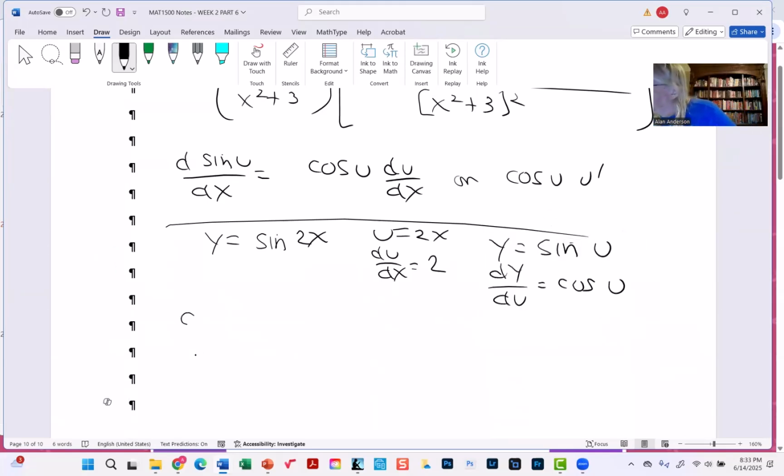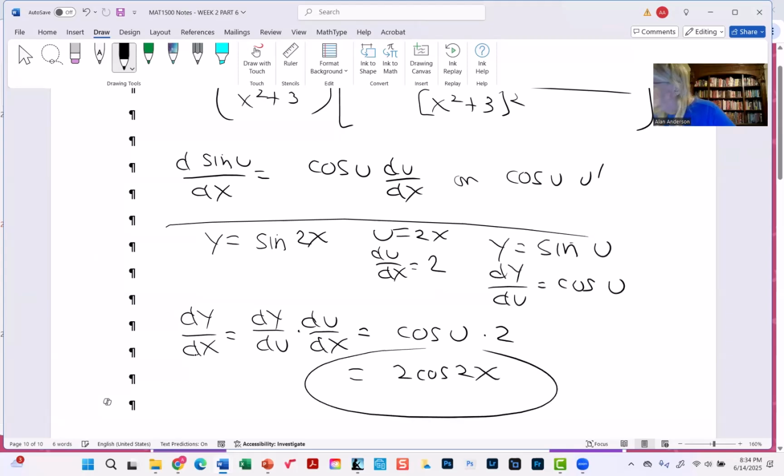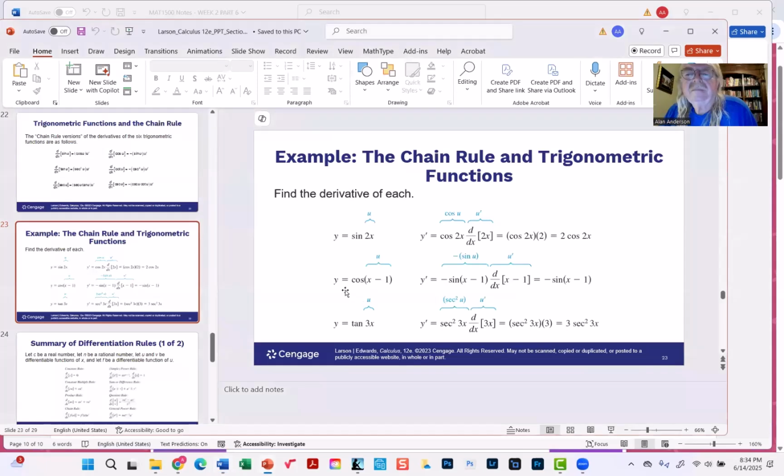And we end up with cosine u times 2. And there we go.